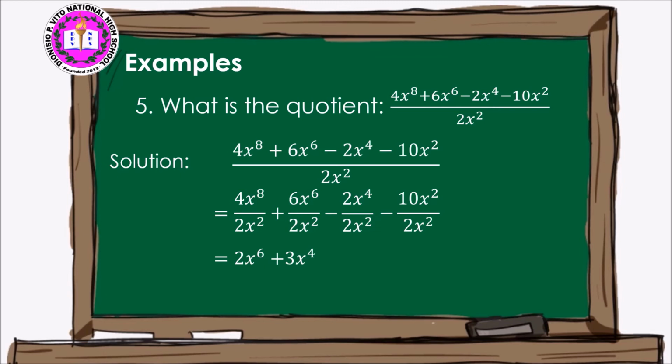Then we have negative 2x raised to 4 divided by 2x squared is equal to negative x squared. Then we have negative 10x squared divided by 2x squared is equal to negative 5. Therefore, our answer is 2x raised to 6 plus 3x raised to 4 minus x squared minus 5.